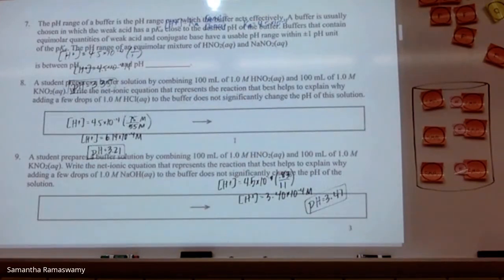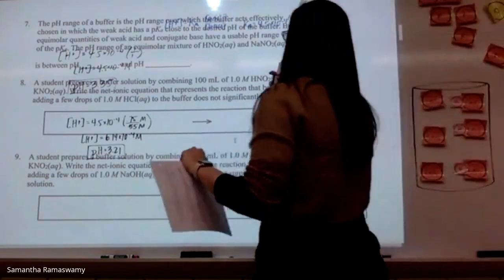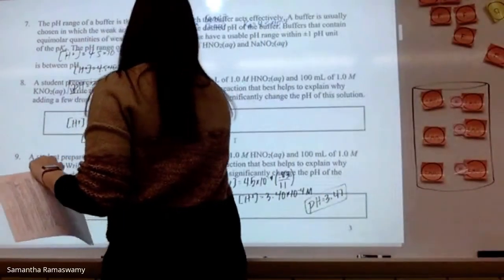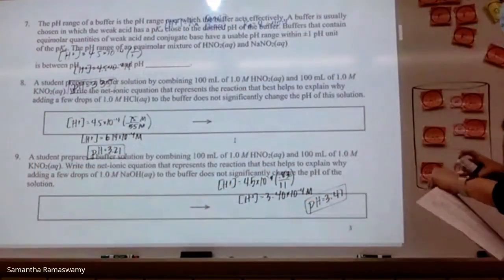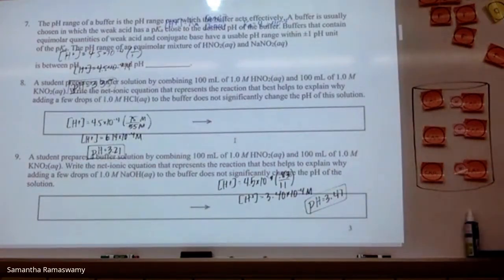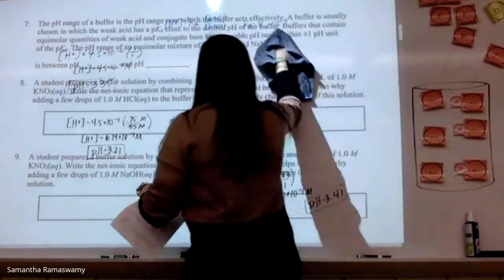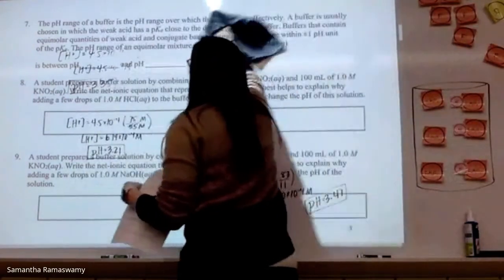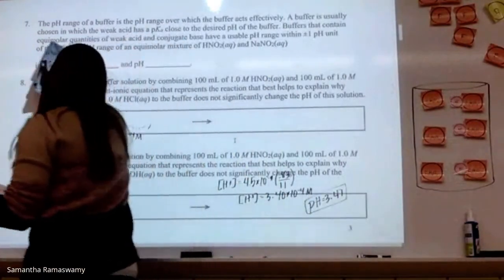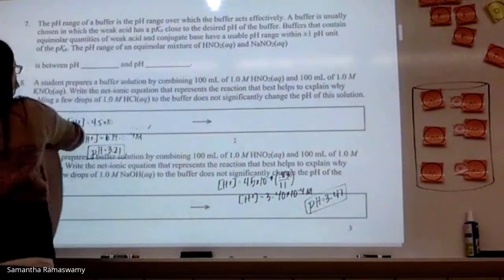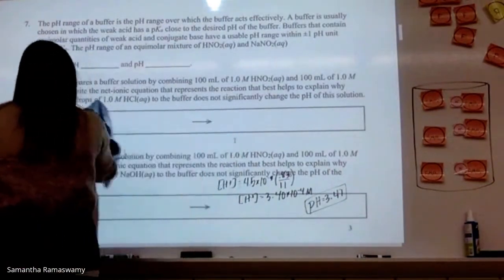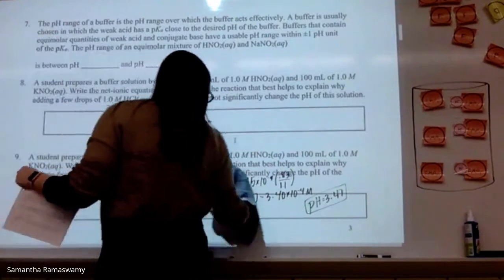And in number 7, it talks about the pH range of a buffer. So the pH range of a buffer is the range in which the buffer acts effectively. So a buffer is not going to work over all pHs. Right? It's really going to work just within a set number of pH units.